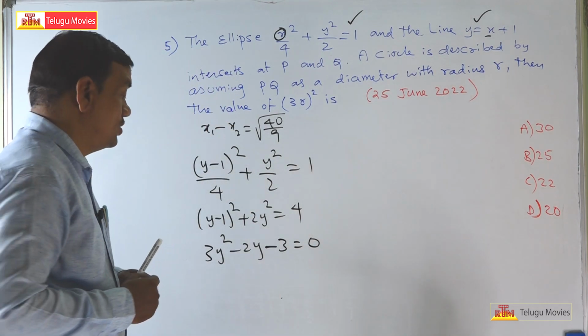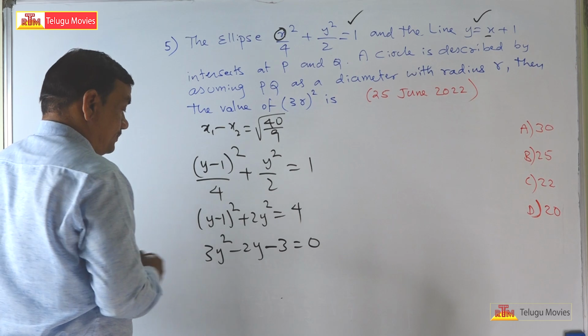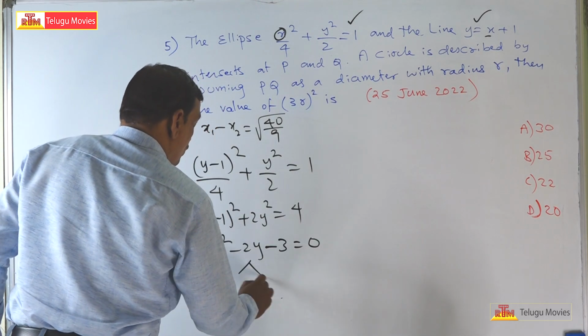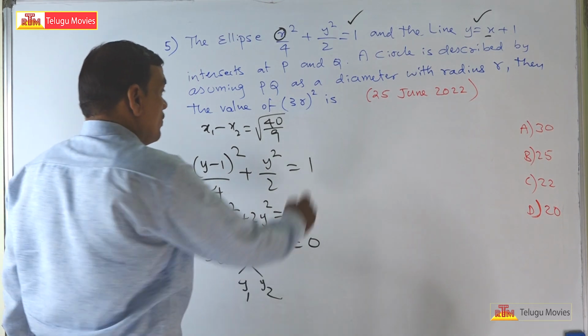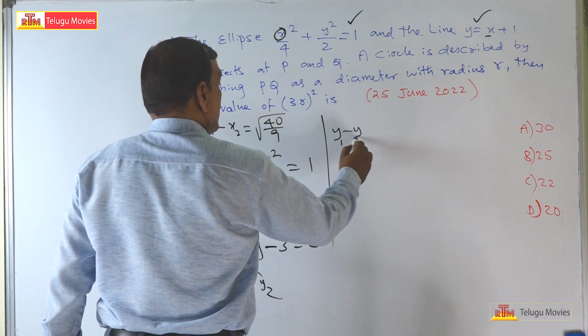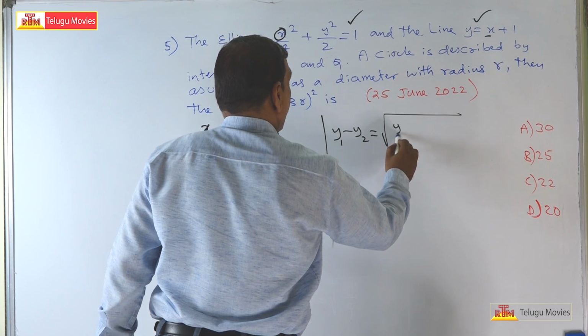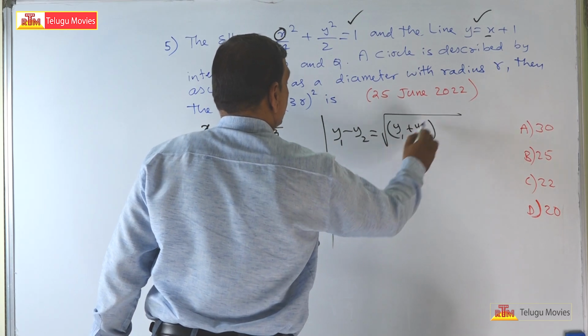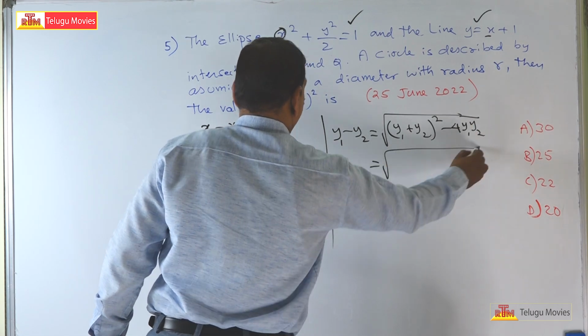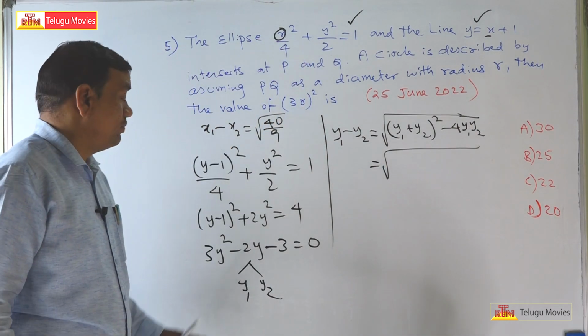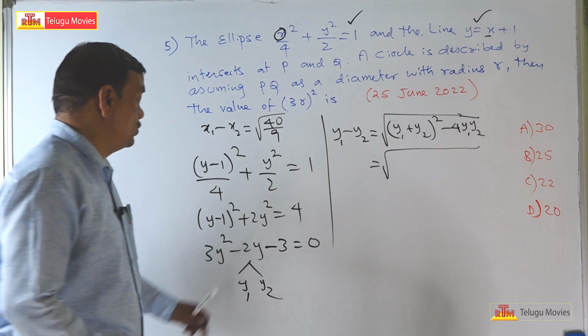Now this has two roots, y1 and y2. We can write y1 minus y2 is equal to under square root of (y1 plus y2) whole square minus 4 times y1 y2. Sum of the roots means 2 by 3.